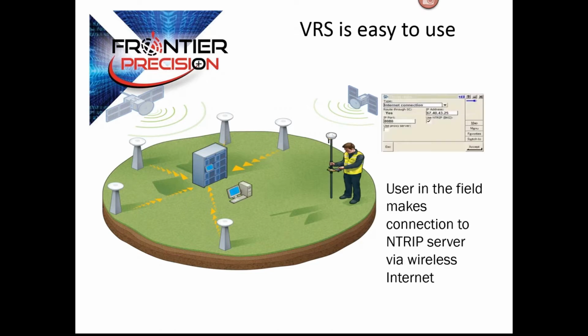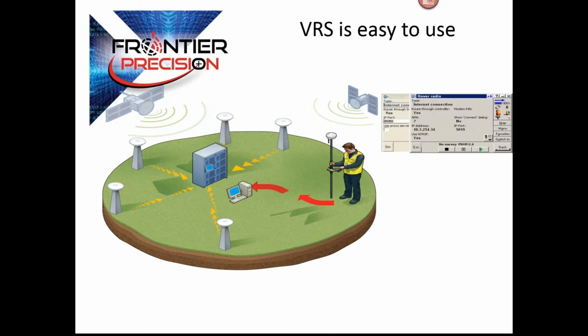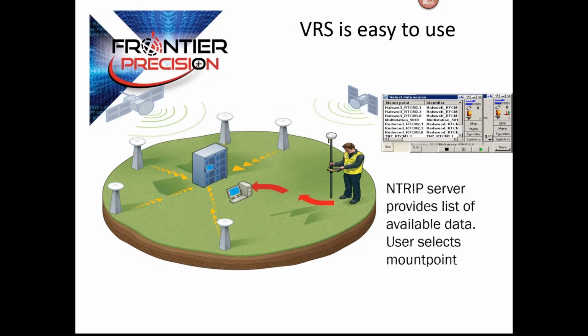From a user standpoint, the user in the field makes a connection to the iNtrip server via wireless internet, and that can be using an external MiFi, an internal modem built into our devices, or in some areas where you have Wi-Fi anywhere. When the user makes the connection to the iNtrip server, it provides a list of available data.